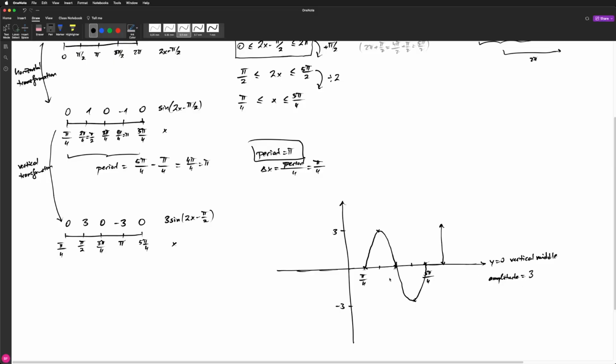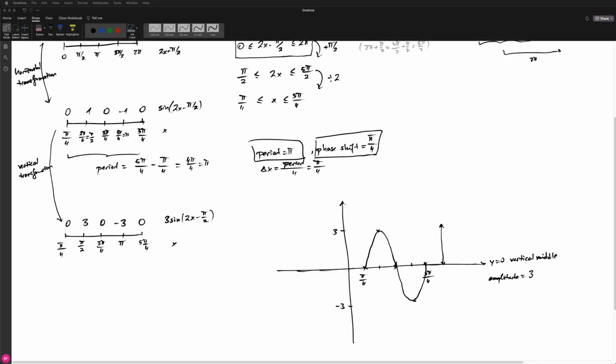That would be 3, up or down. And phase shift is where the period starts, and that would be pi over 4. So instead of 0, I'm starting at pi over 4 for my period.